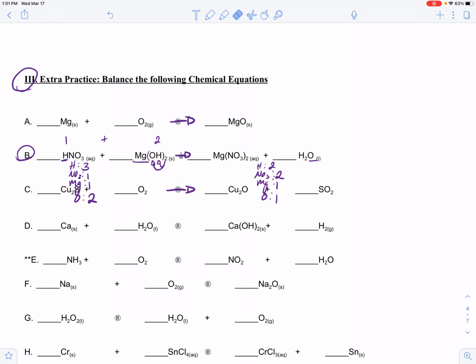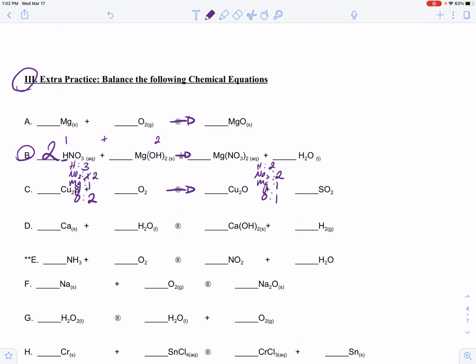So now what I'm going to do is just pick the easiest thing to balance. Now, I can already tell, looking at hydrogen, I have 1 here and 1 here. That makes this hard to balance, so I'm going to save it for later. I'm going to instead look at NO3 because I have 1 here and I have 2 here, and that seems a little bit easier for me to balance. So I'm going to use the coefficient 2 on the left side because I can only change coefficients, and that's going to give me now 2 NO3.